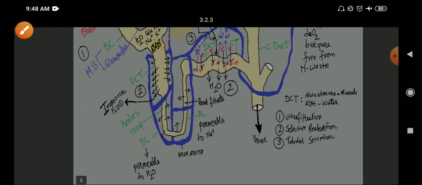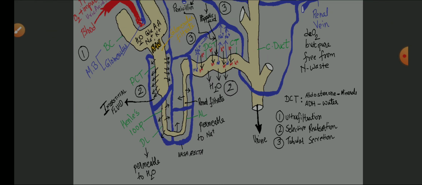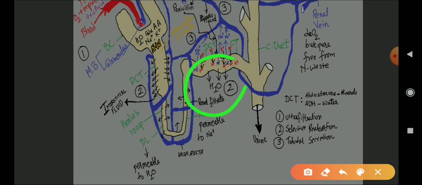In the proximal convoluted tubule, 90% of water is useful, so it is being recollected back, and also from the Henle's loop. The descending limb is permeable to water, the ascending limb is permeable to sodium, while here, if you see, water is also being absorbed, and sodium ion is also being absorbed.